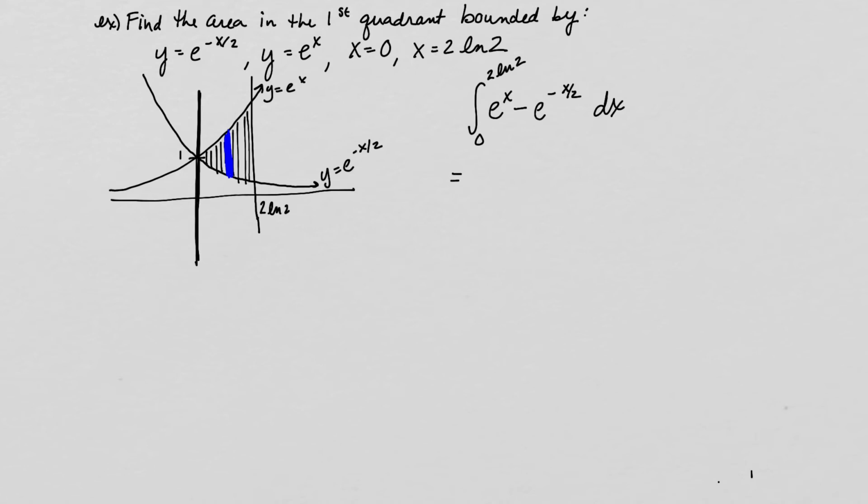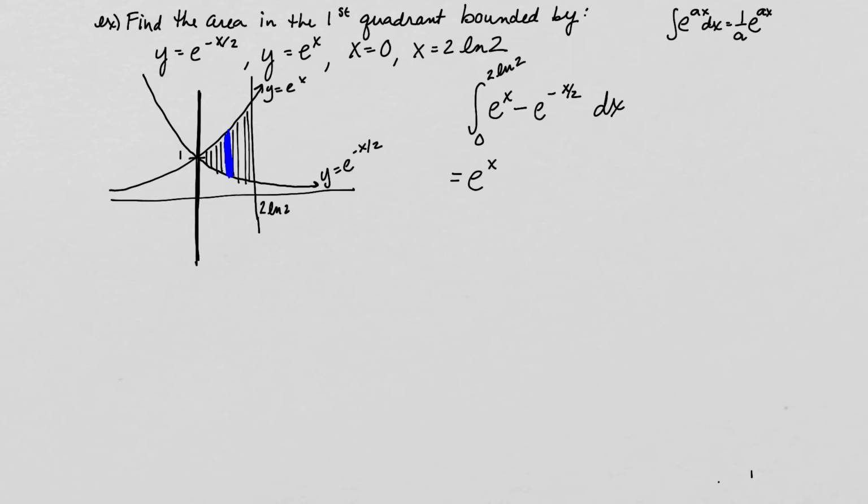And so now we just need to integrate these things. So the integral of e to the x is e to the x. Okay, and then remember, I gave you guys that shortcut that the integral of e to the ax dx is 1 over a e to the ax.